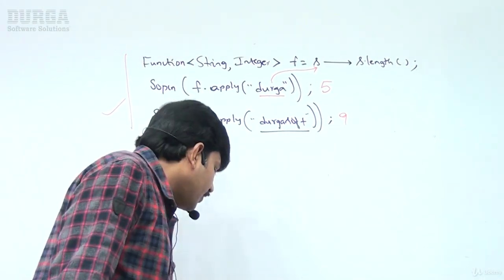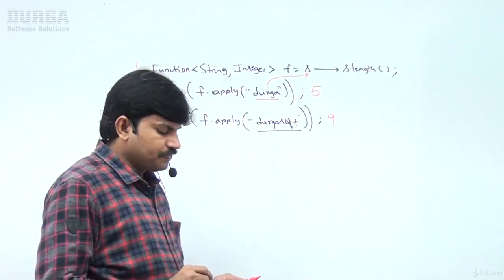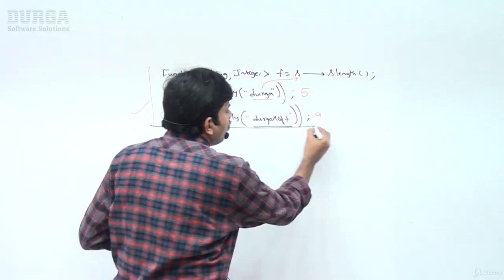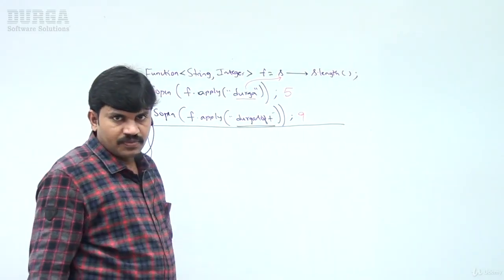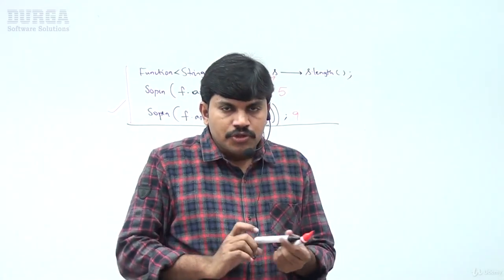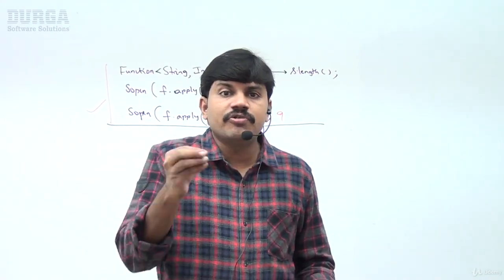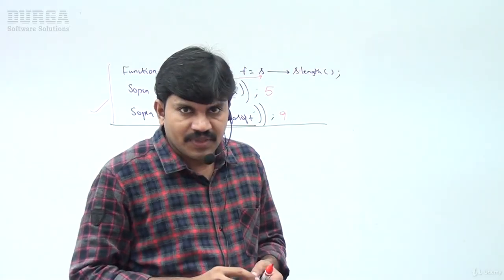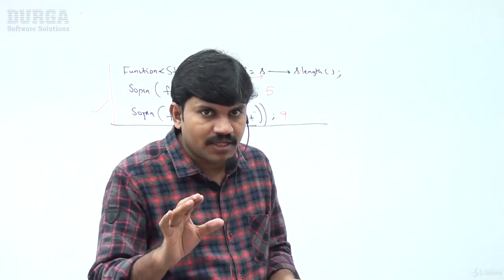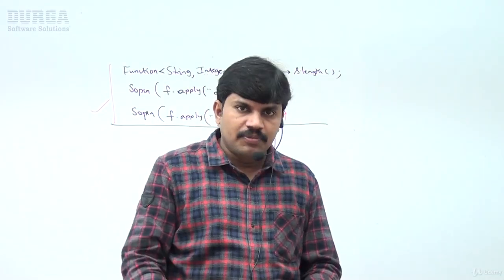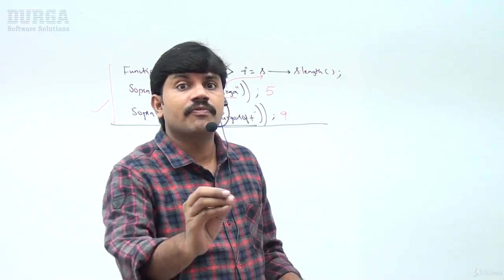Next, let me go for another simple example. My requirement is I will give one integer number. You have to write a function to return the square of that integer number. Are you getting that? Write a function to return the square of that number by using lambda expressions, functional interface.